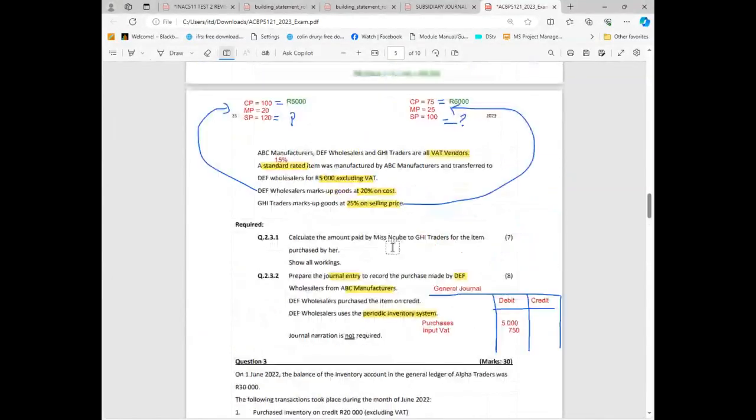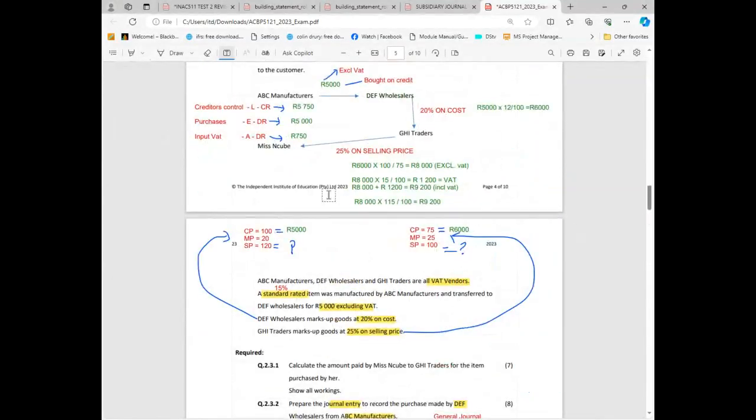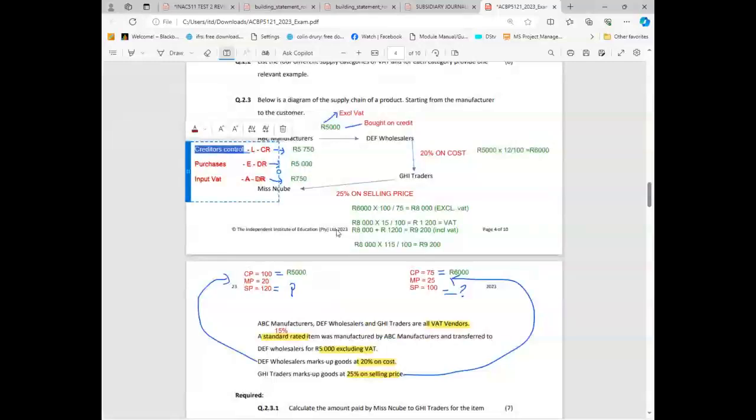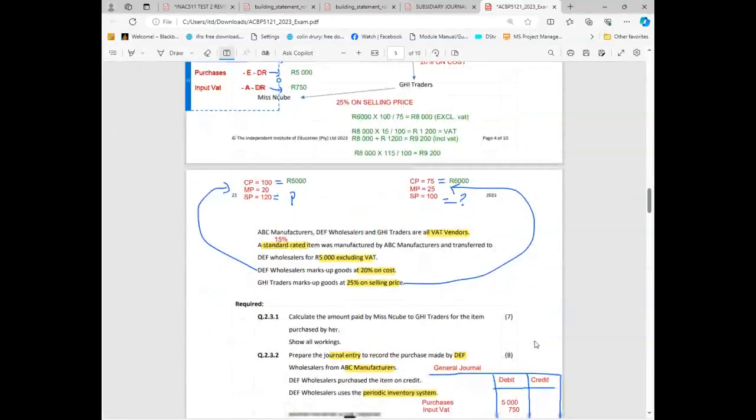Okay. What is left? Which account? Creditors control. Under the credit side. How much? Know the amount. 5,750.